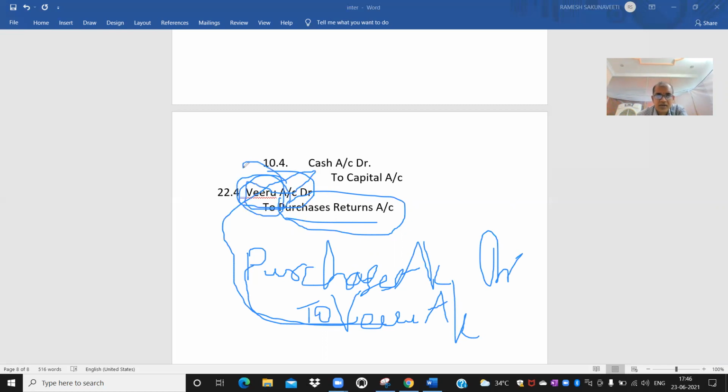Like this, Viru account debit. So in place of purchases, you have purchases returns. So purchases returns is always a credit. Okay. Like that, you correct your mistake. Purchases returns came for the first time now. Okay. Yes, sir.